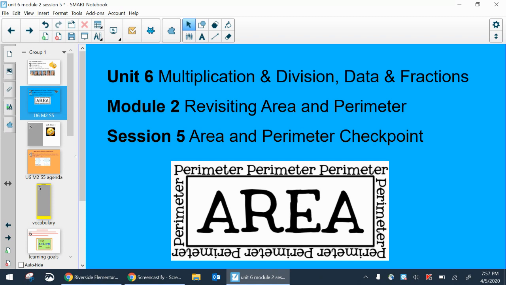And after you think you have, then you can continue the video, see what type of strategy I'm sharing, a possible way to solve the problem, and then also check in with the answer to see if you were accurate with your answer. And then we'll move on to the next problem, and you can again work it out, pause it, and then we'll press play again and kind of go through that process again. So that's kind of the big idea with the work that we're going to be doing today.